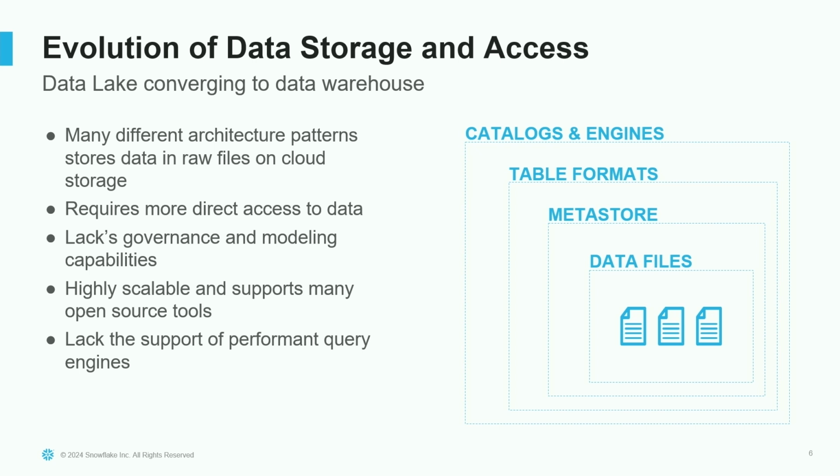And it should always support the same governance and security that you get from your data warehousing, things like role-based access control. Which leads us to the point where we need a table format. We cannot just store files in a data lake, because at some point the data lake will become stale. So we want to create some sort of metastore, some sort of table format on top of those files.